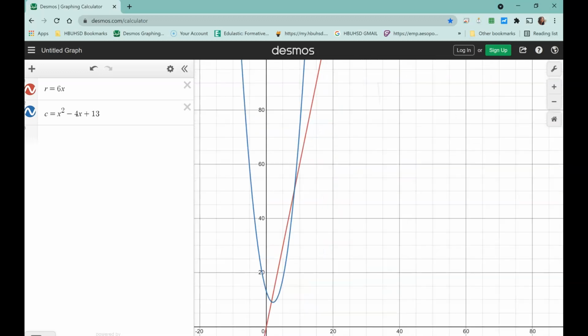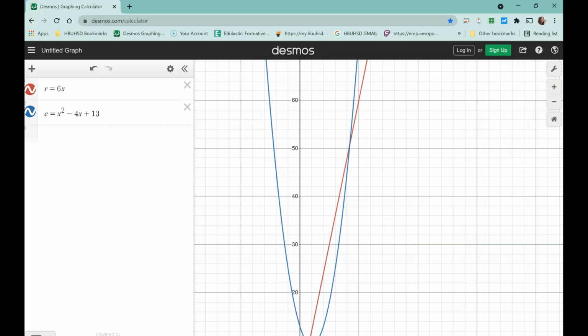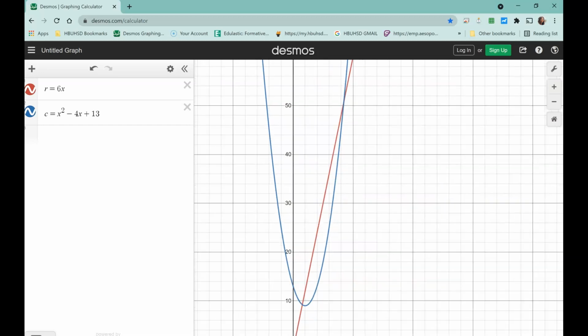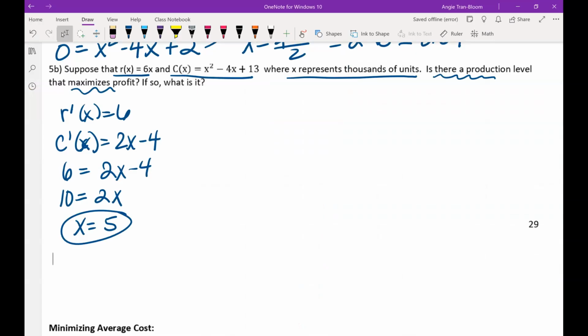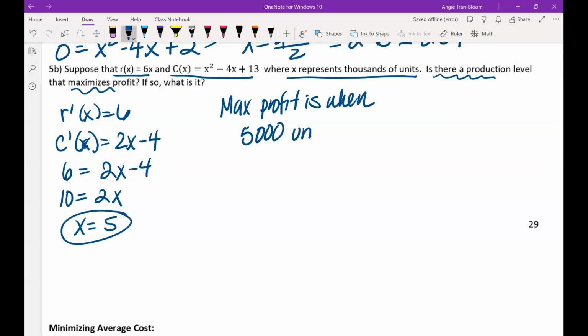So this is a unique model where you start out making profit right away. Let's go back. Okay, so we have an x value. We do have the max profit. So max profit is when 5,000 units are made or produced, okay?